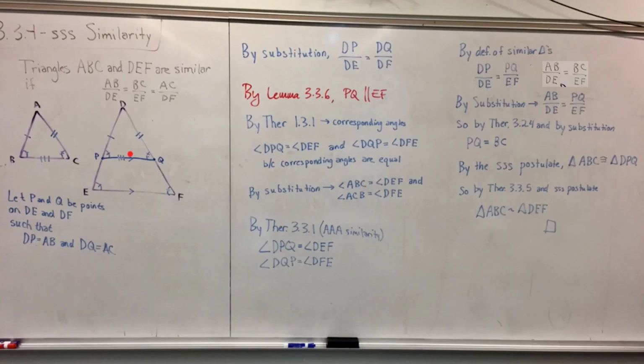And so now in our two triangles, DPQ and ABC, we have three congruent sides, meaning that the SSS theorem tells us that ABC and DPQ are in fact congruent triangles. And therefore, since ABC is congruent to DPQ, and DPQ is similar to DEF, again by transitivity of similarity, ABC is similar to DEF.